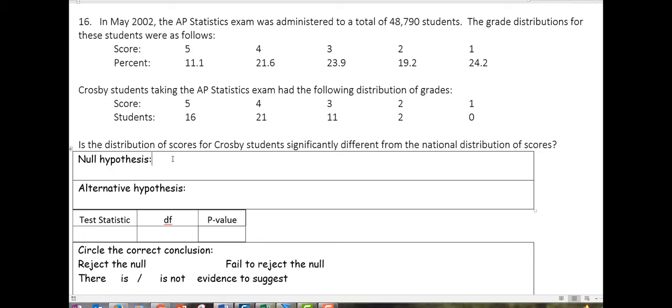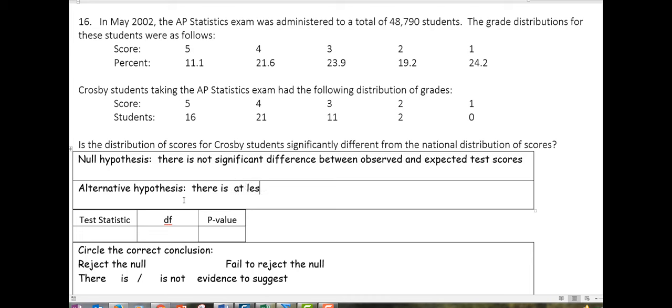Okay, so for goodness of fit, our null would be there is no significant difference between observed and expected test scores. An alternative would be there is at least one category that is significantly different than expected.